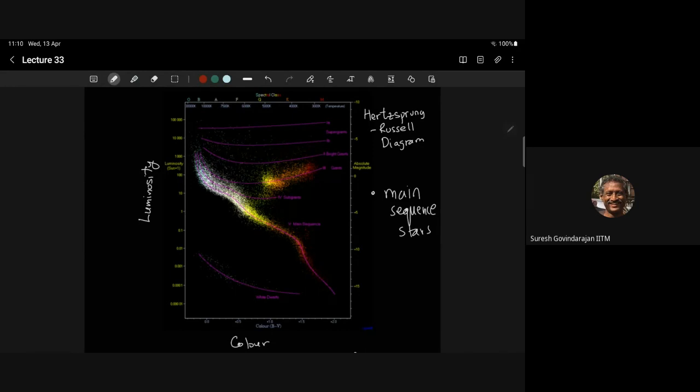Okay, and then there is a bunch out here which is not with the main sequence, and the lower one is white dwarf stars. We'll see what these are.